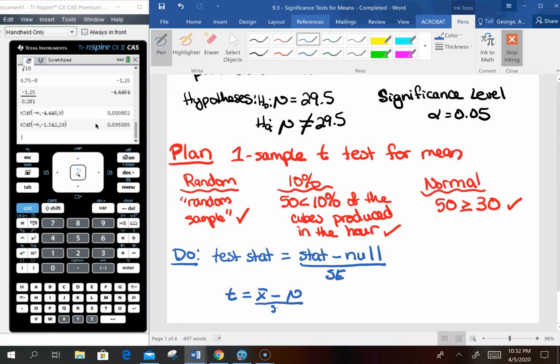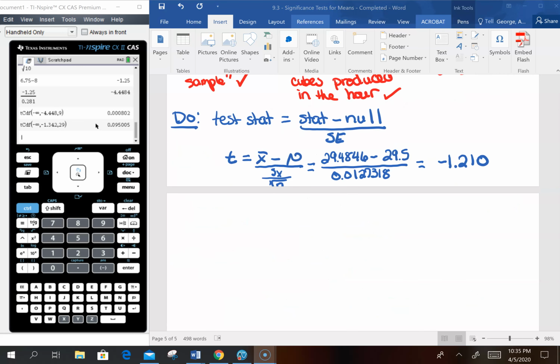So if you want to write the formula, you can, but we've already had the calculations done for us, so we can just plug in that number. So our x bar was the 29, and since they're giving us everything, we should use all of it. Our mu is 29.5, and then our standard error is the 0.01. So when you do all of those calculations, you're going to end up with a t-value of negative 1.210.